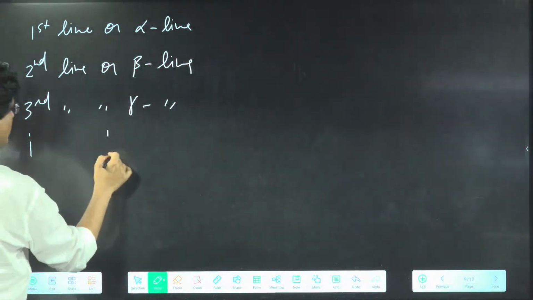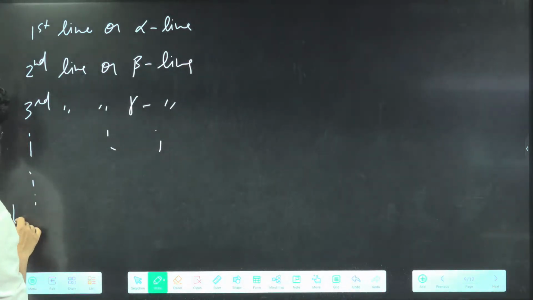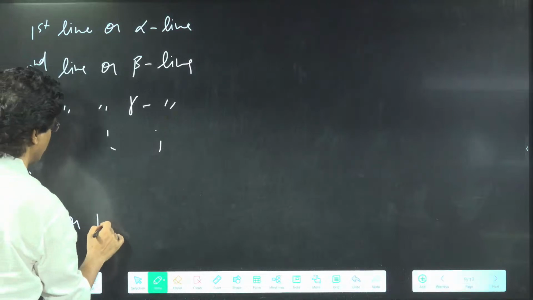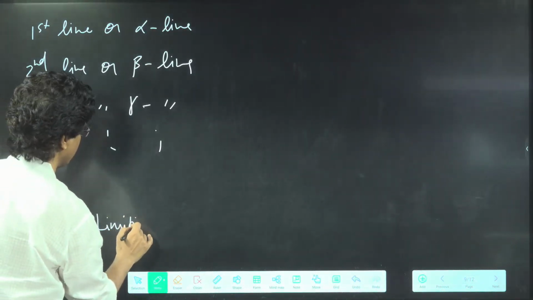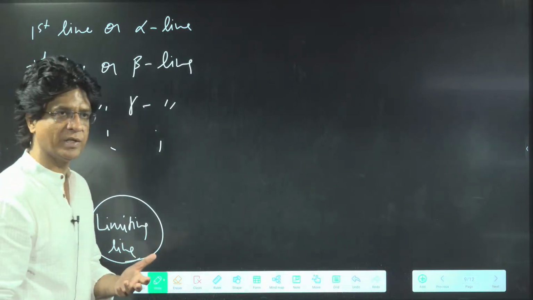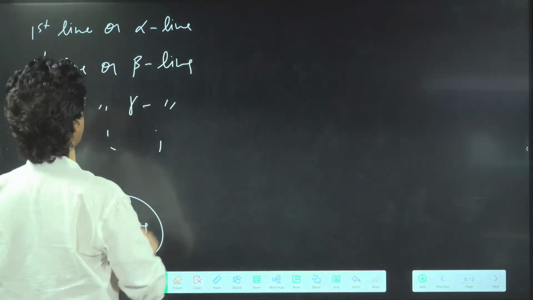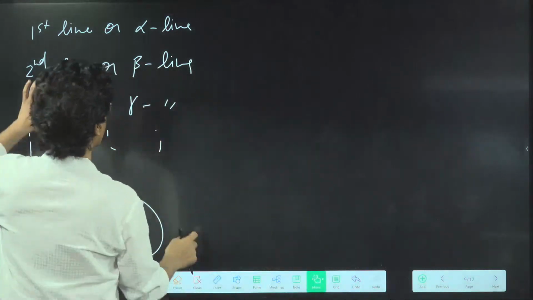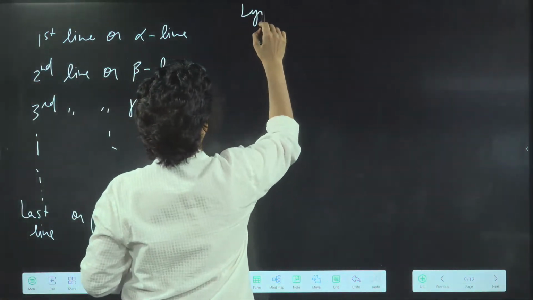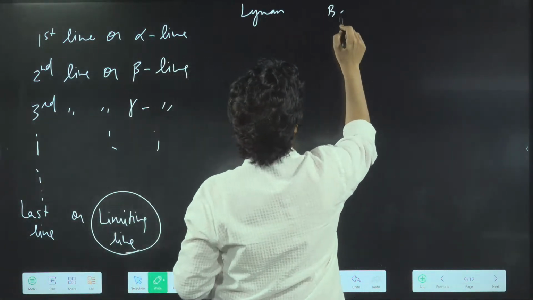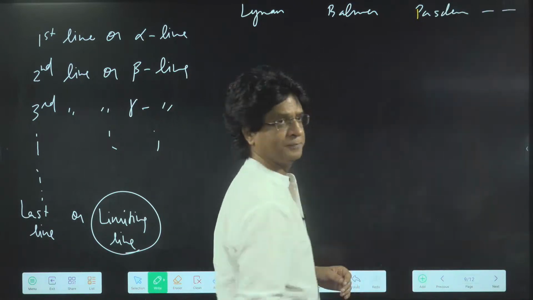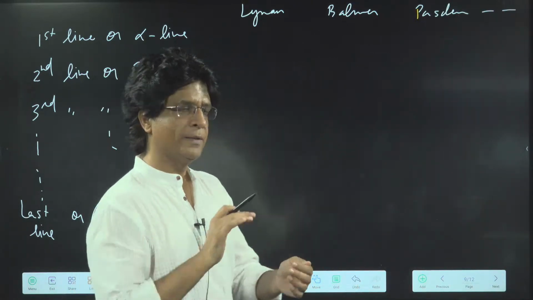And similarly, until the last line, or you can say the limiting line. Sometimes they give you the limiting line, so people don't understand that. It's very important we understand that, like now for the first line for the Lyman series, for the Balmer series, for the Paschen series, and so on.